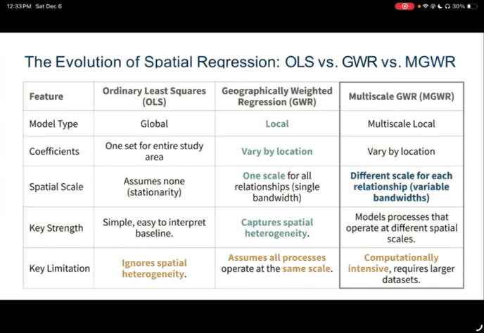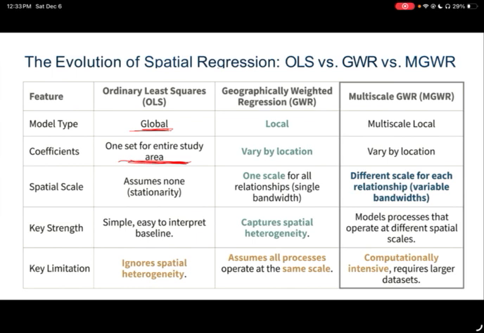So this is the difference between OLS, GWR, and MGWR. For OLS, the model is global, so there is only one coefficient value for the entire study area. The assumption in here is that the coefficient is stationary.